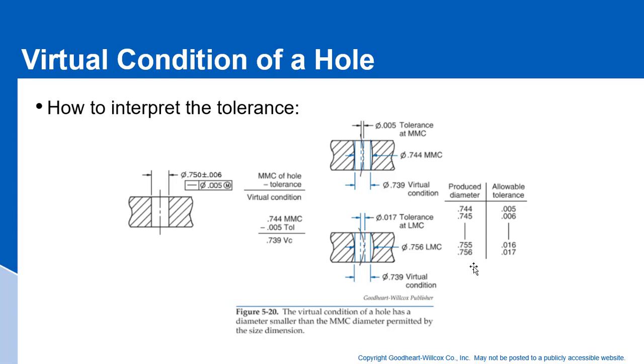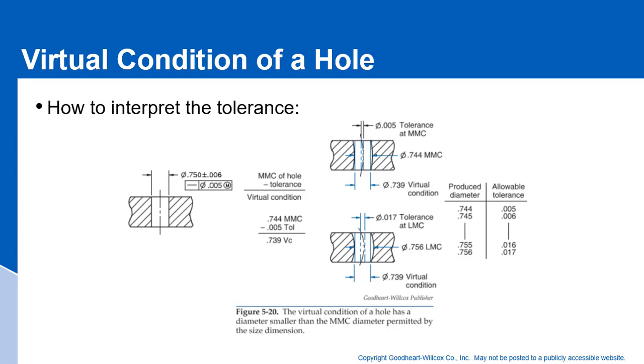So when we're down here at our least material condition, which would be the largest hole, we get 17 thousandths allowable tolerance. That means at the least material condition we're going to have the most allowable variation and still be able to get our parts together.